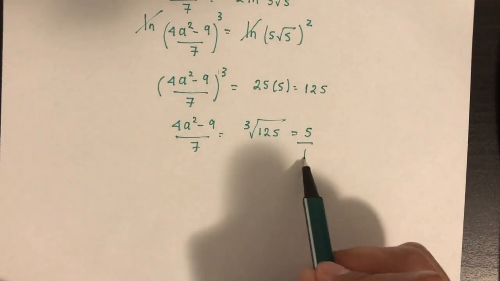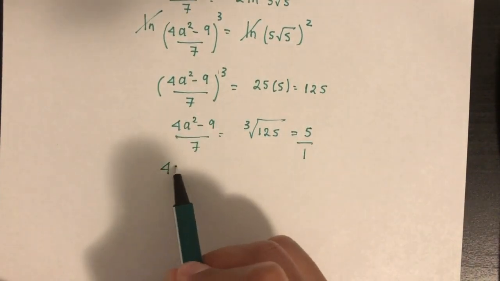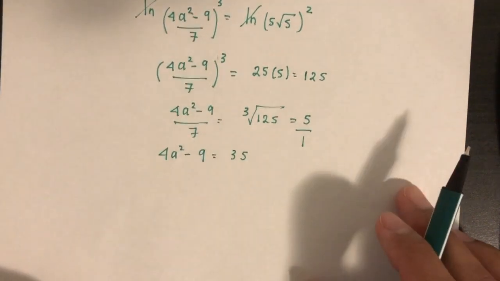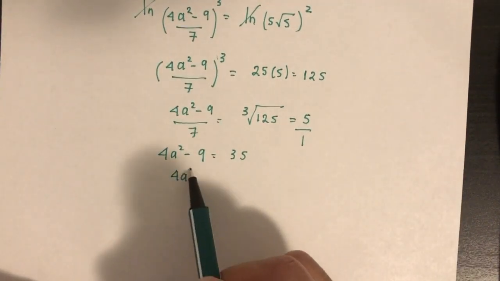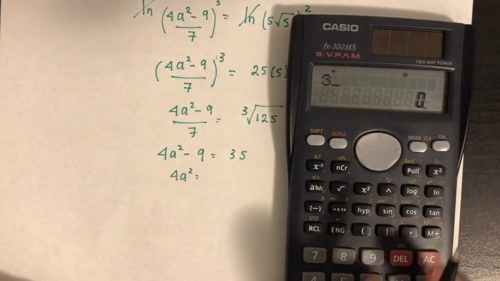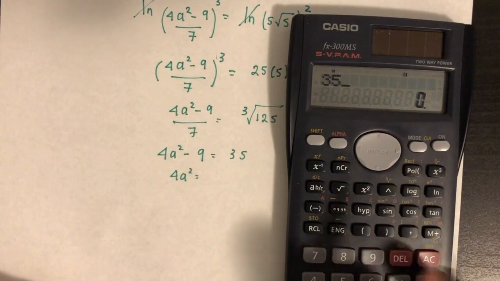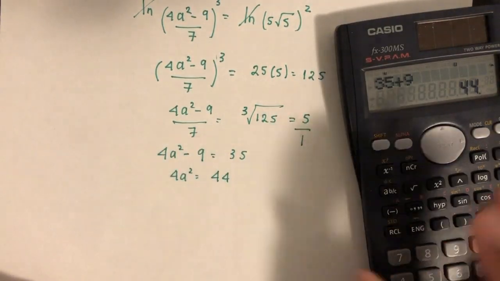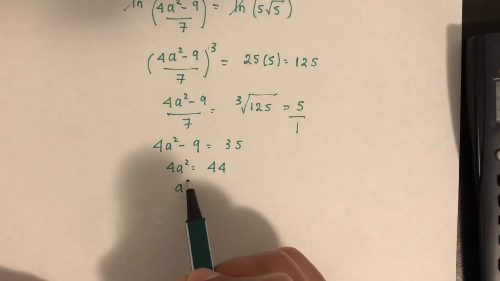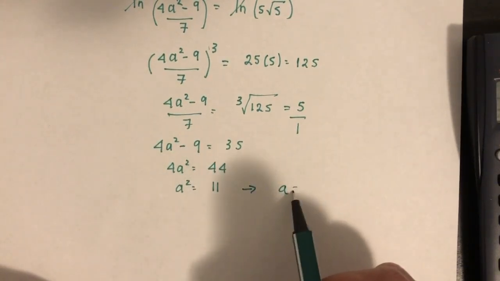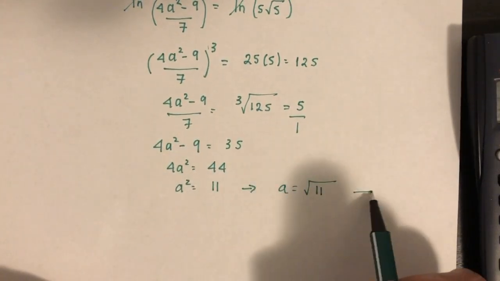Now we can cross multiply. 4a squared minus 9 equal to 35. So 4a squared equal to 44, as 35 plus 9 will be 44. Now a squared will be 11.